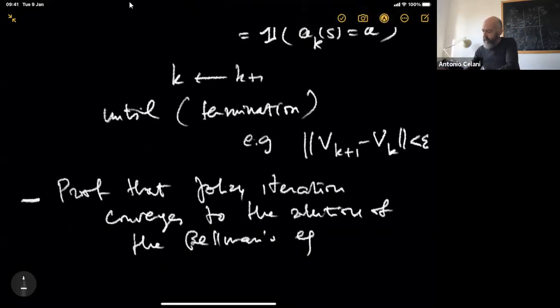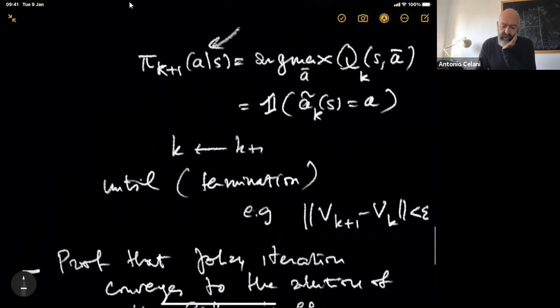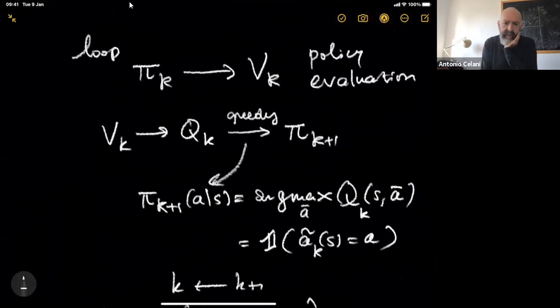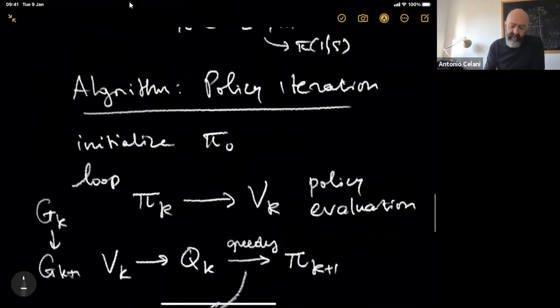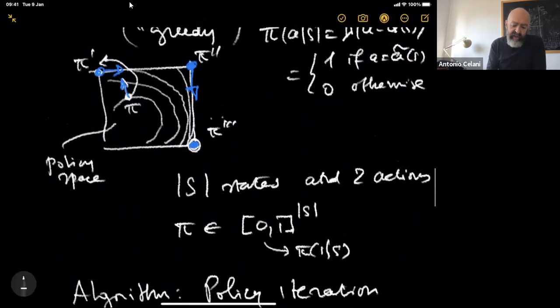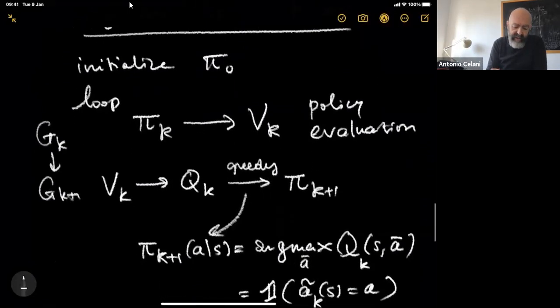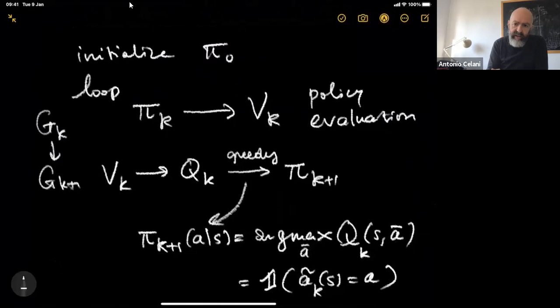So the key step is to show that when we perform one step of this loop, we go from one J k to a new J k plus 1. Okay, so this J is my objective function. So this means that in my graph, every time that I make a jump like this, I'm actually going to a level line which is higher. So what we're going to show is that this object here is larger or equal than the previous one. So there is an ordering here.